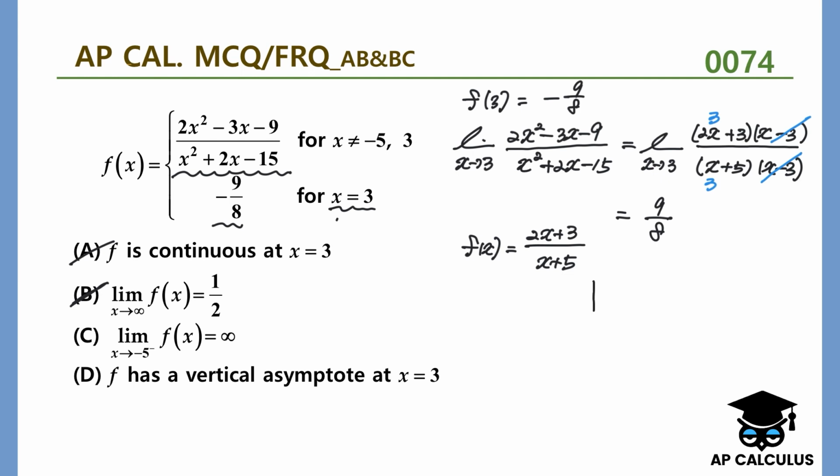So let's draw the graph. Here's the y-axis, x-axis. Here we have negative 5. So as x approaches negative 5 from the left-hand side, from here to here. Okay, what about the function f of x?